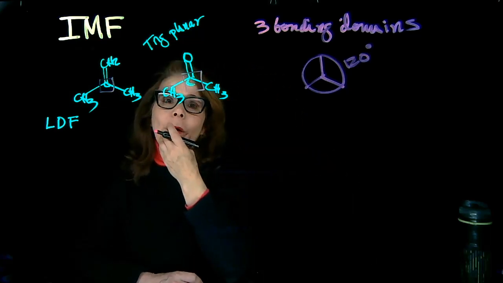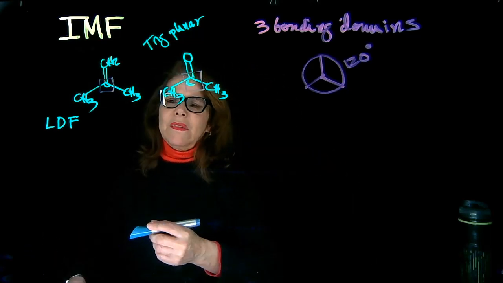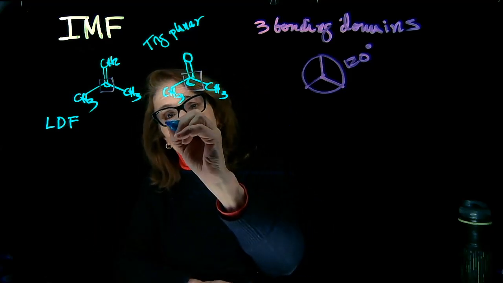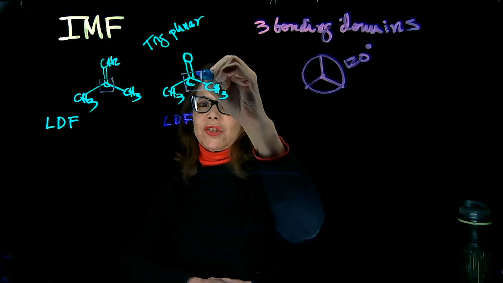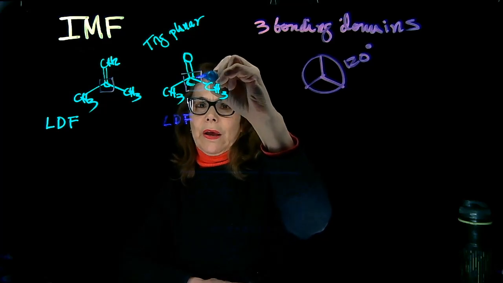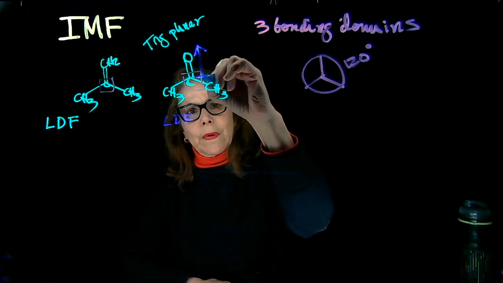But what's the difference? In acetone you also have some London dispersion forces, but the strongest interaction is dipole-dipole. Here I have a vector showing that this one is polar.